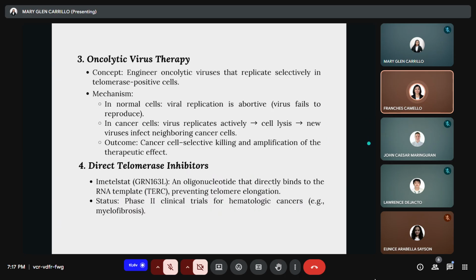The best example is imetelstat, or GRN163L, an oligonucleotide that directly binds to the RNA template, or the TERC, preventing telomere elongation. So it blocks telomere elongation and it's already in clinical trials for blood cancers like myelofibrosis. Next slide, please.